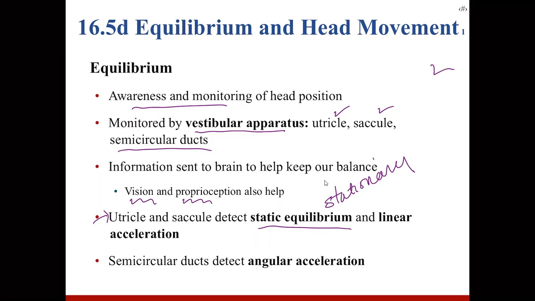Then linear acceleration is if you're tilting your head. And then angular acceleration is if it's spinning, or like if you're a figure skater and you're spinning.